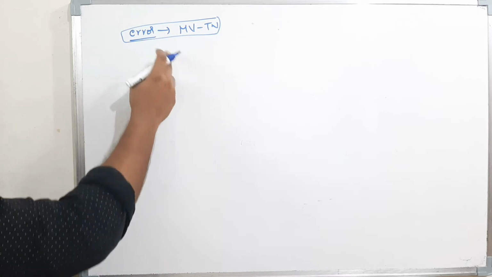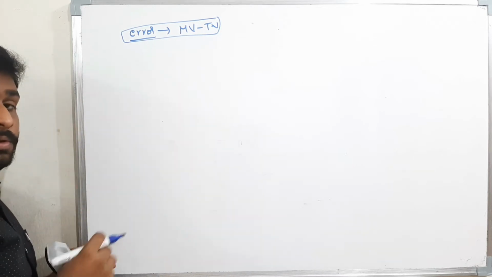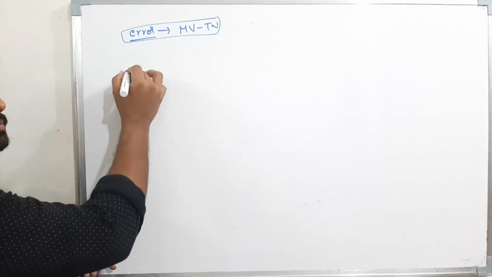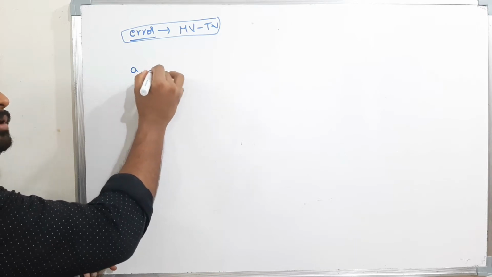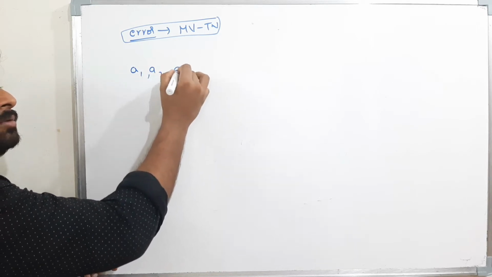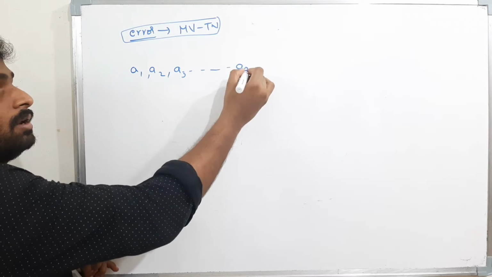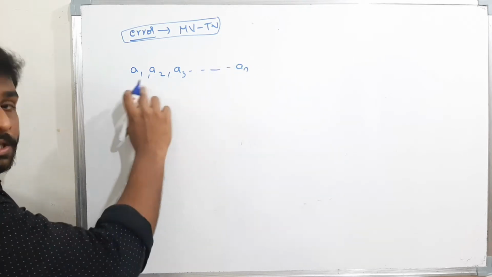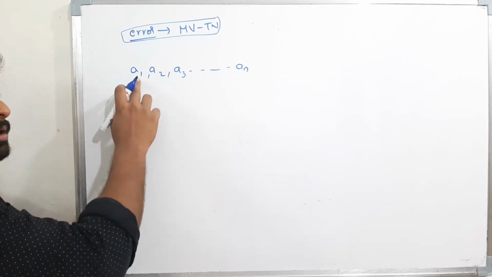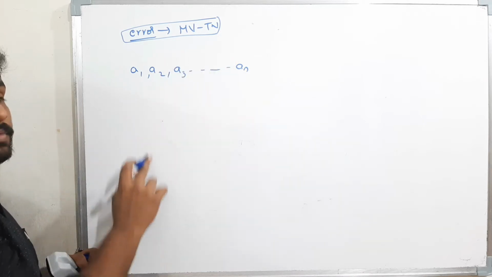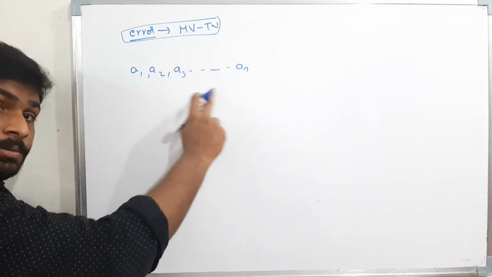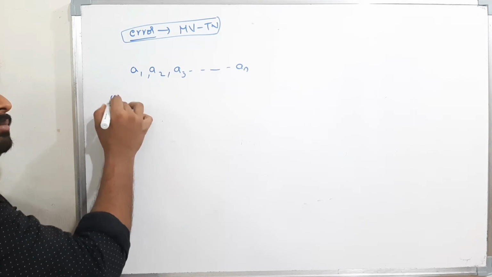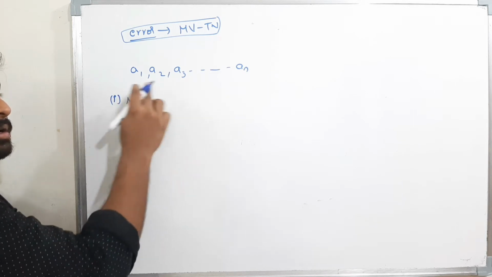Okay, before going deeply into errors, we should first know a few basic things. Assume A1, A2, A3, and so on up to AN are the measured values in an experiment, the n measured values of the same experiment. Now, first of all, how to find the mean of the readings?